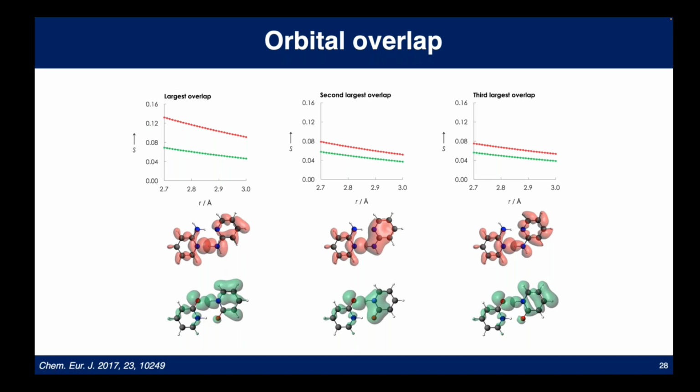So what you can see here is the red one is the overlap between the nitrogen lone pair interacting with the orbitals on the other side on the NH group, and by being more directional than the lone pair on the oxygen, you will see that you will have more overlap of occupied orbitals and therefore more Pauli repulsion.